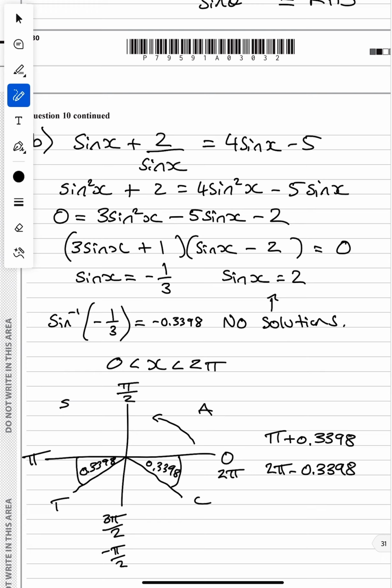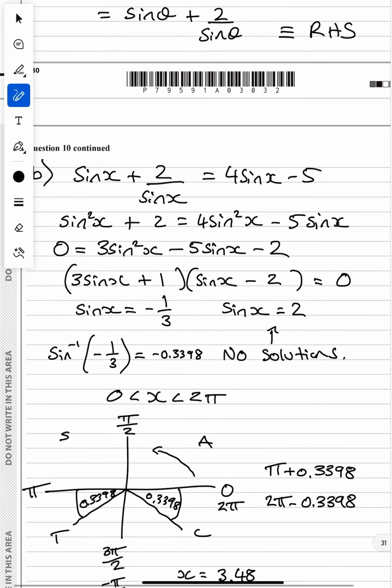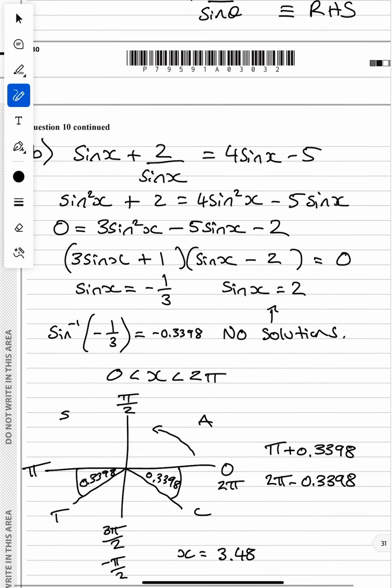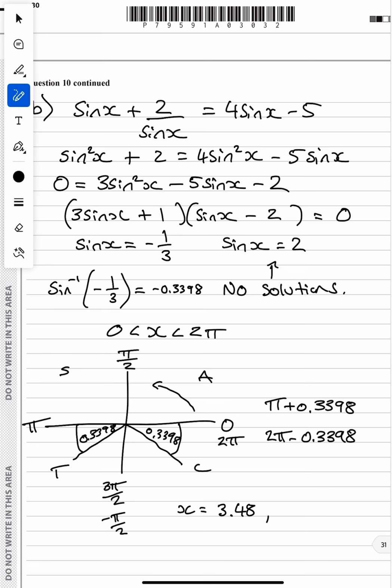All the others will be outside the range. So if we work those out, those should be our only two answers. Pi plus 0.3398, 3.48. Does it say how many significant figures? 3 significant figures, so that's fine. And then 2 pi minus 0.3398, 5.94.